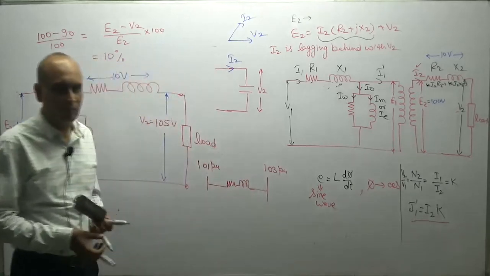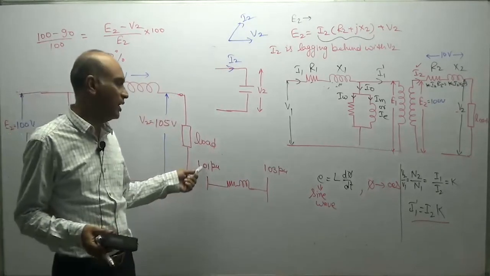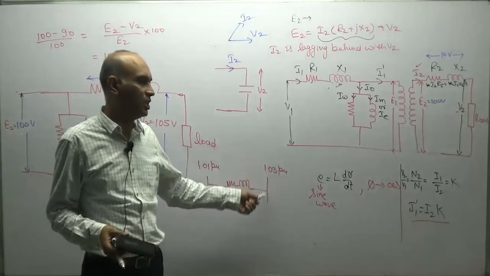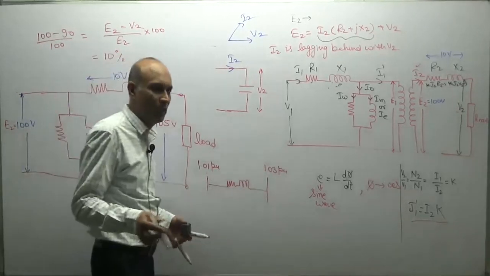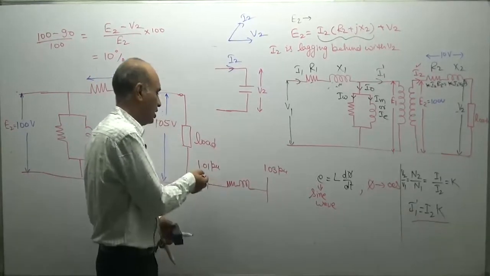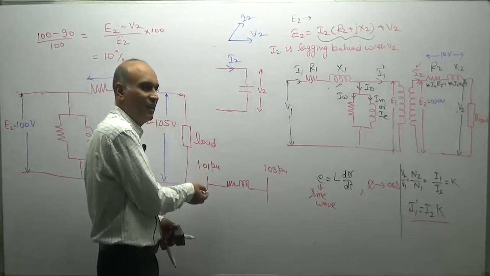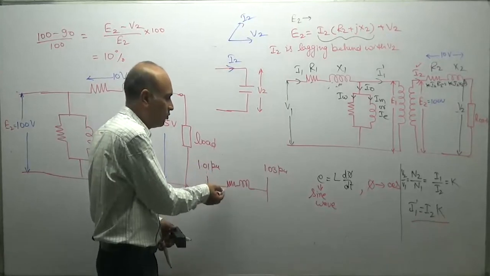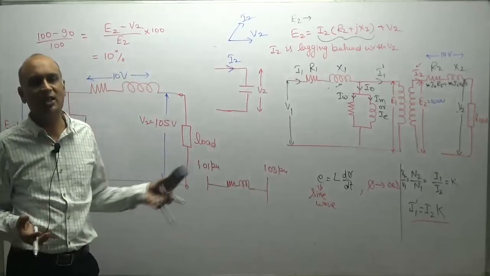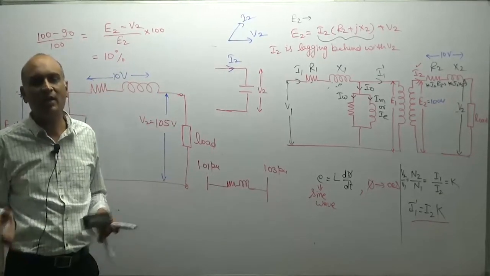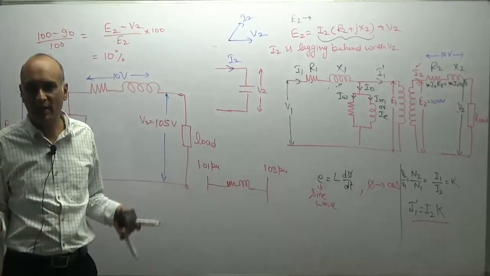In the power system, suppose it is the sending end voltage, it is the receiving end voltage. Now in the normal case, receiving end voltage is generally less than sending end voltage because there is some voltage drop. But in a few cases, it may be possible that receiving end voltage is higher than sending end voltage. It is called Ferranti effect.